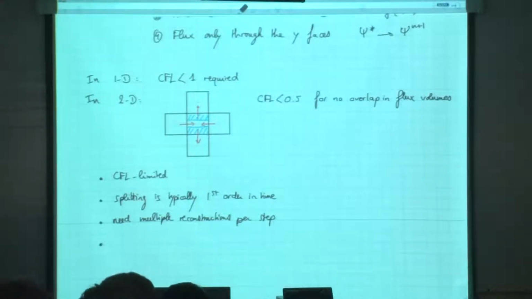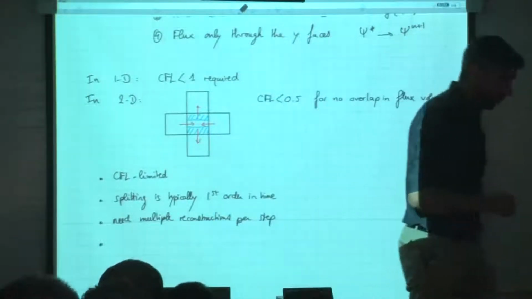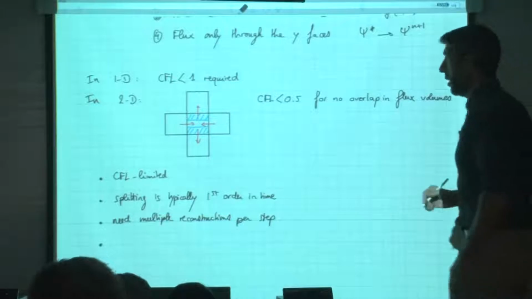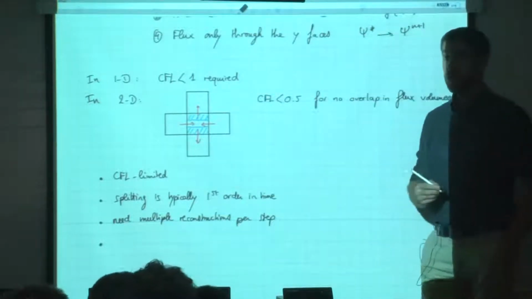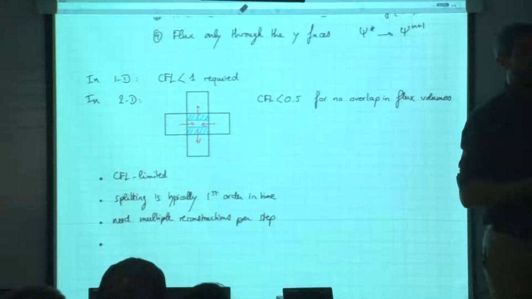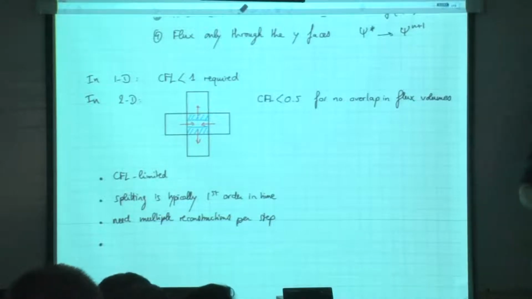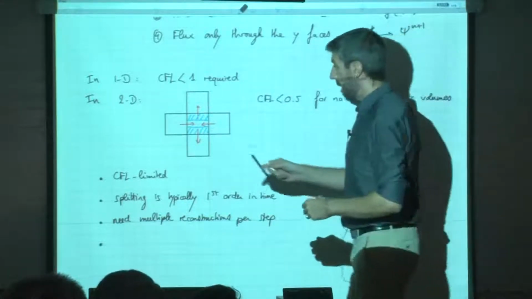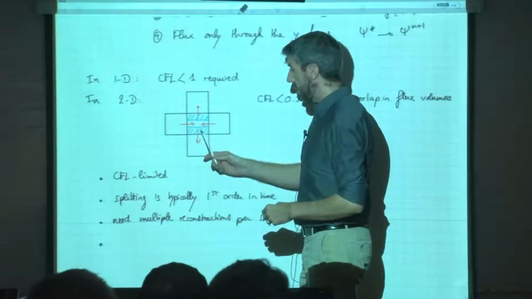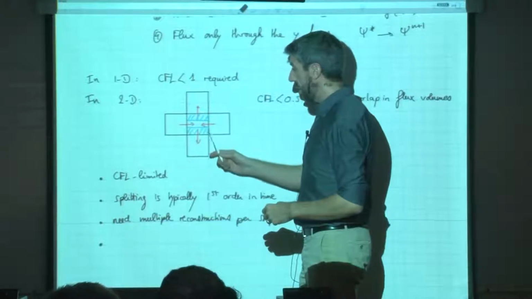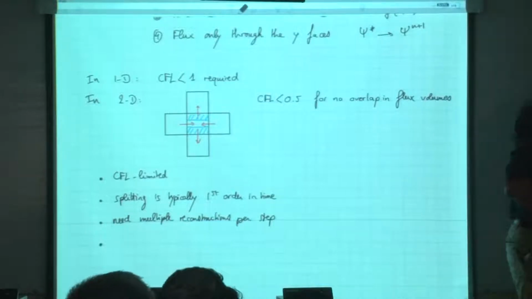I'll point out one more little subtlety here. In a 2D flow like this, imagine that during my X transport, I have a full cell into which I'm flowing some fluid from the left.